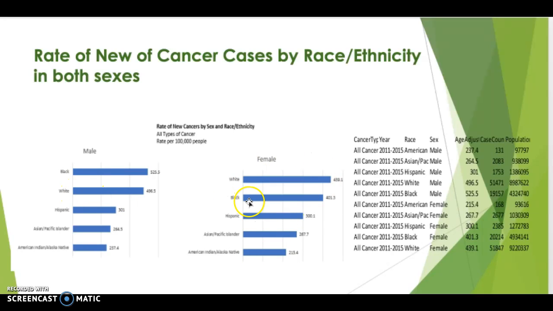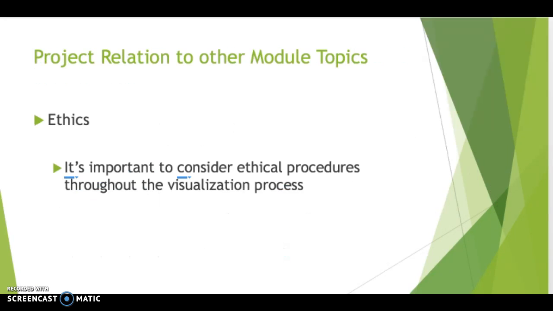And looking at females, we can see that whites have more new cancer cases than blacks. And this is easily interpreted by just looking at the size of the bars. So bar graphs are easy and simple ways of being able to gather information about data.